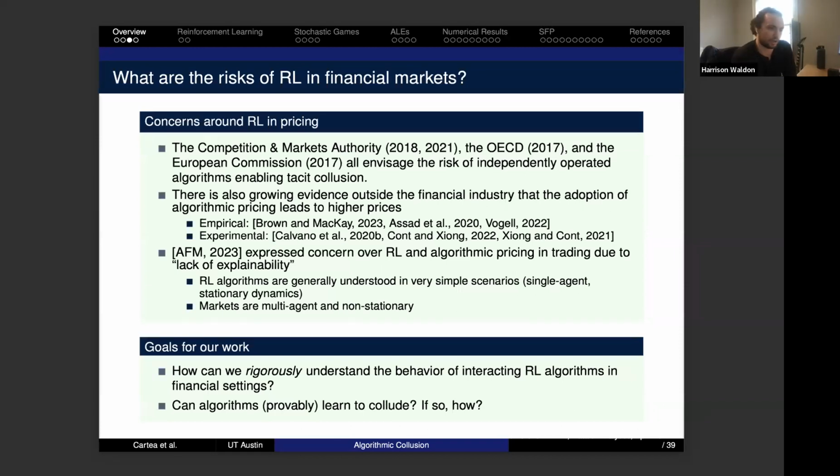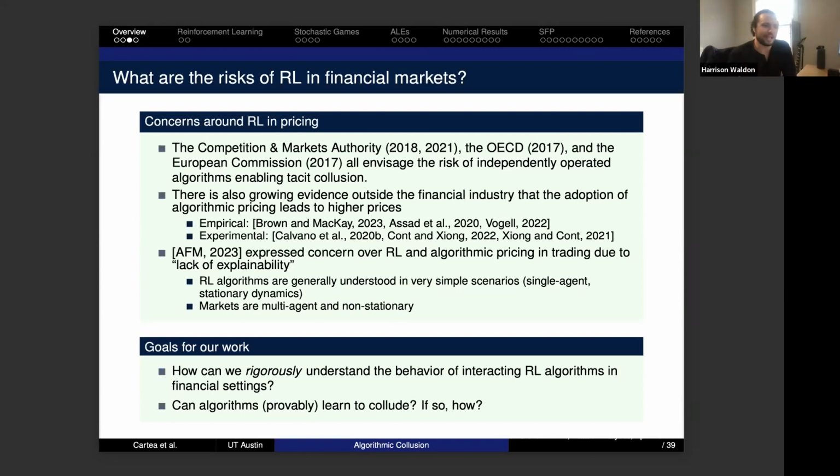Calvano and co-authors, listed here, for instance, show that RL algorithms can learn to inflate prices in Bertrand and Cournot competition models, while Ramakant and his student show that deep reinforcement learning can learn to inflate spreads in a continuous time market-making setup.